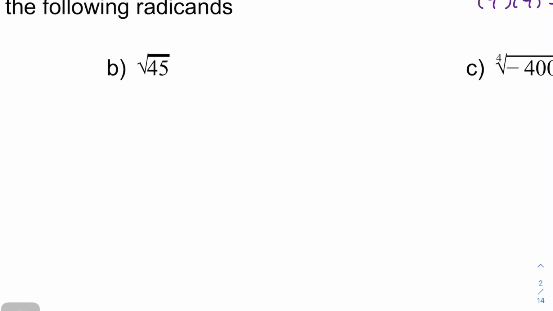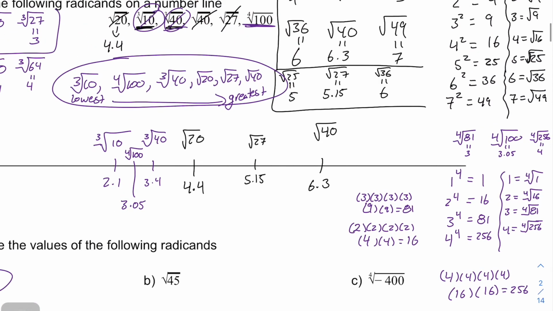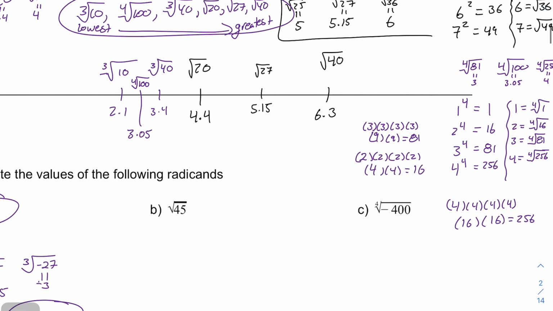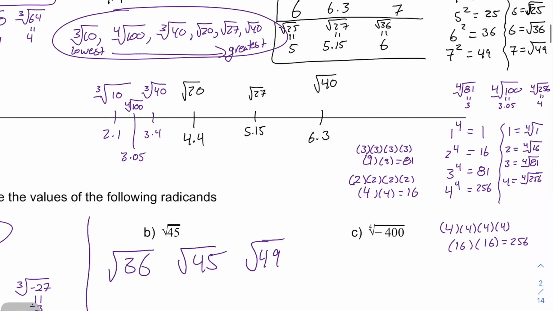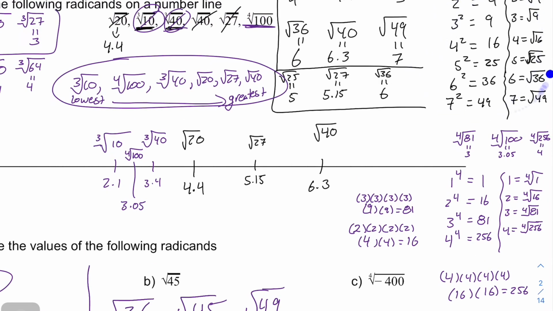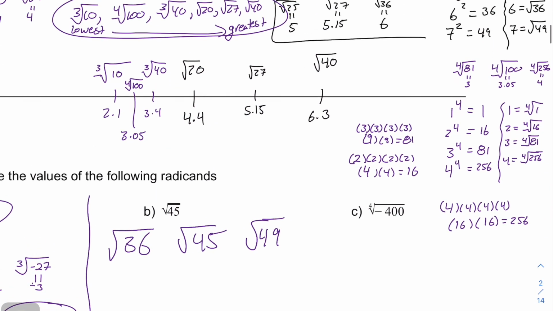Okay, let's maybe do this one. So the square root of 45. So here we need to list our squares, which we actually already have up here, right? So you do the same thing here. Now, root 45 is going to fall between root 36 and root 49. So that's the nice part. On your exam or on a worksheet, if you just have the first few squares and the first few cubes listed out, you can do these pretty quick.